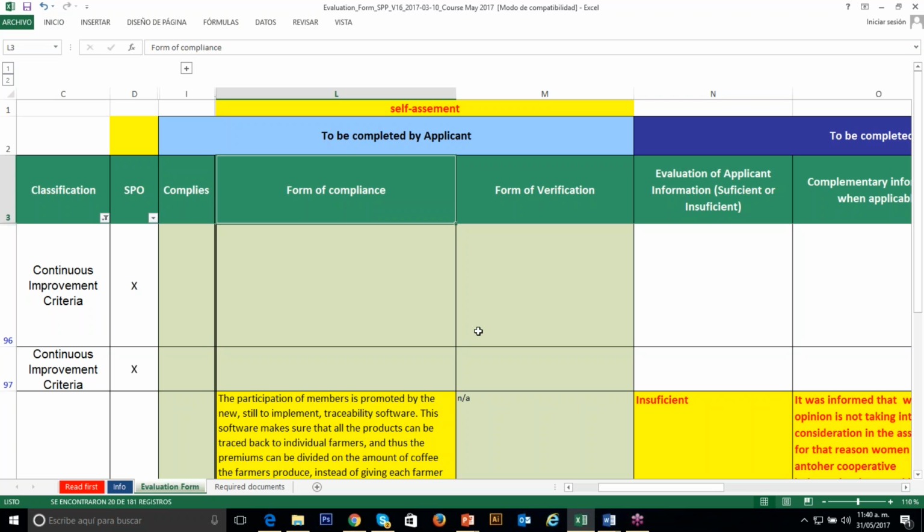Because in your experience, in your context or in the country where you have worked, they don't know the real condition.